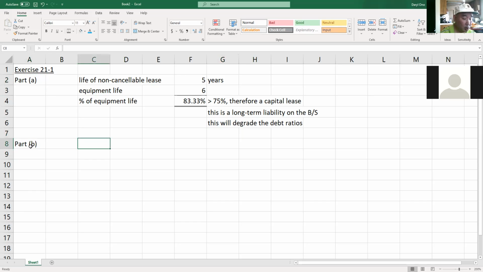Now, really, you're making your first payment now. Let's do this. Year, lease payment, present value factor, and present value of lease.